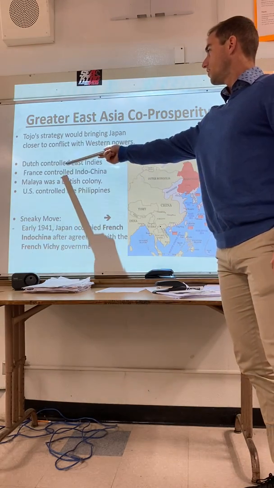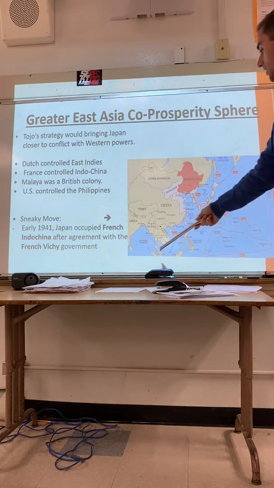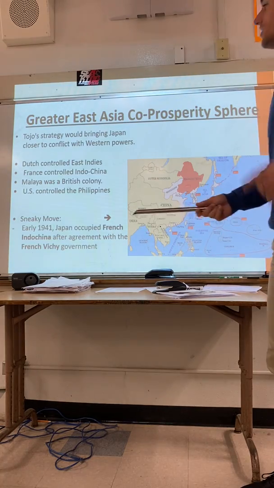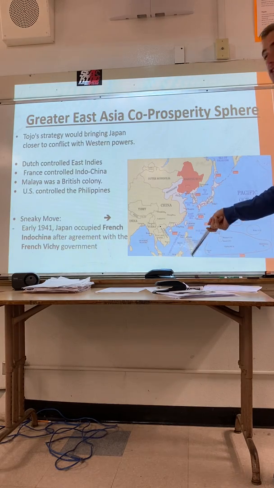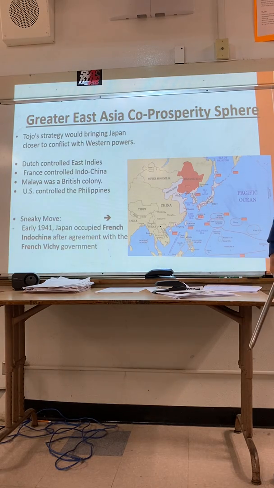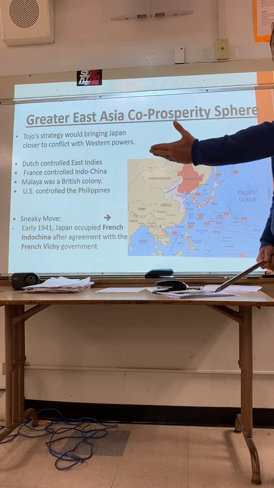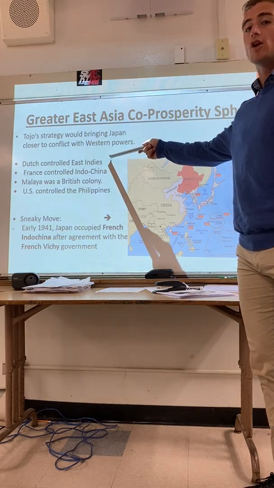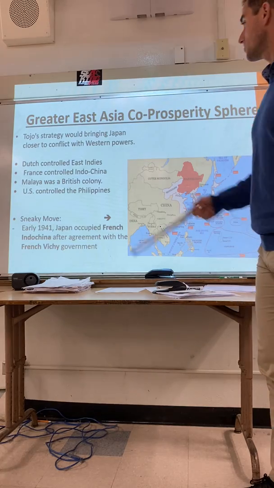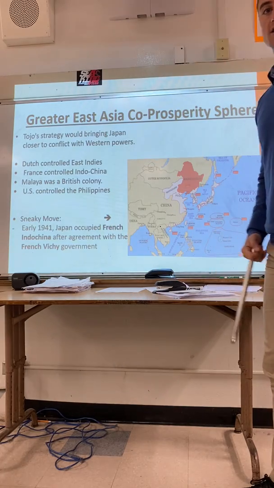Now look at it. The Dutch, they control the East Indies, right down here. But the Dutch have already surrendered to the Nazis in Europe. The Dutch are not going to be able to defend the Dutch East Indies down there. They are fighting for their lives under Nazi occupation in Europe. So the East Indies are wide open for the taking. The French have also surrendered to the Nazis.